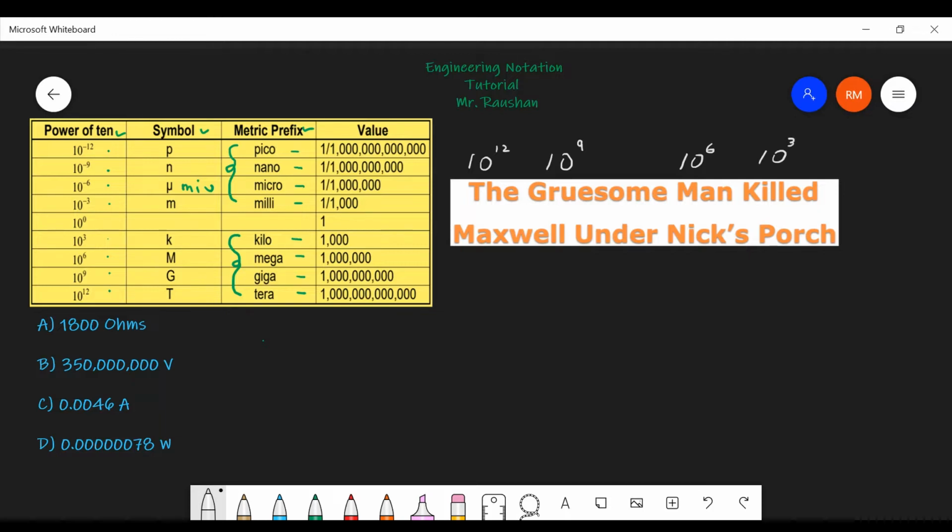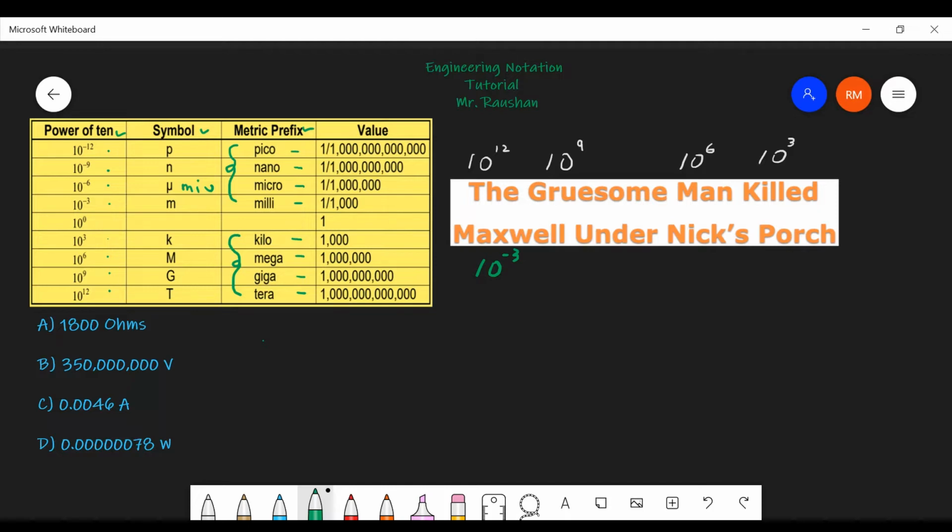On the second line, everything is negative. These are the lower, negative notations. Maxwell is milli, 10 to the negative 3. Under, this is a U. Again, this is a weird looking symbol. It's micro.